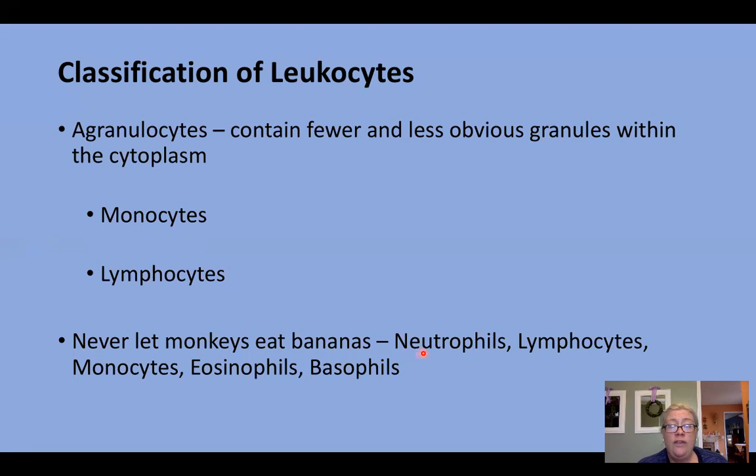So we have neutrophils for never, the most prevalent. Then lymphocytes for let, monocytes for monkeys, eosinophils for eat, and basophils for bananas. If you were to take a blood sample, you would expect to find mostly neutrophils, and the least would be basophils. Never let monkeys eat bananas.